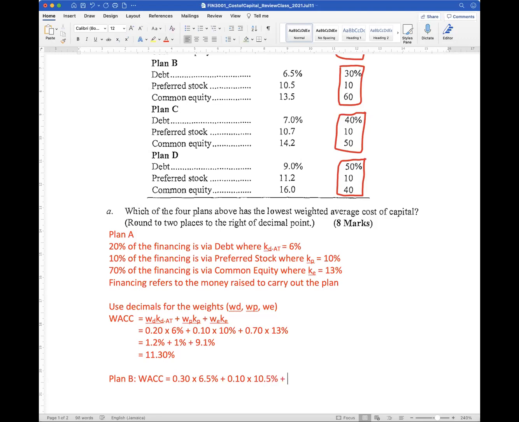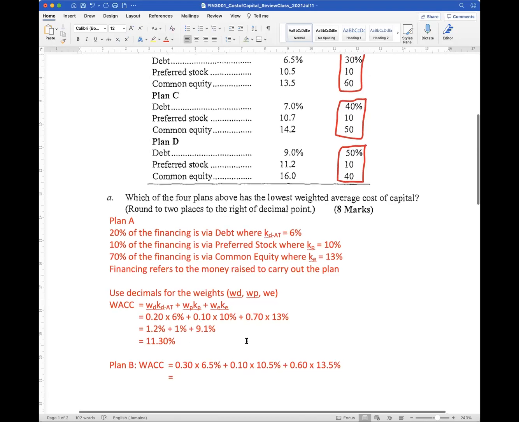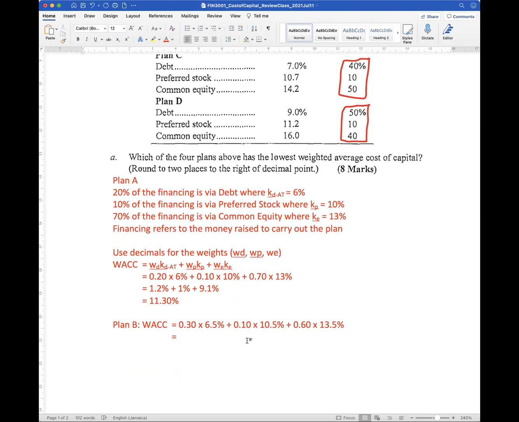Plus 0.60 times 13.5%. Again, we work them out one by one just to ensure that we get our partial marks. So just work these out for me, please.